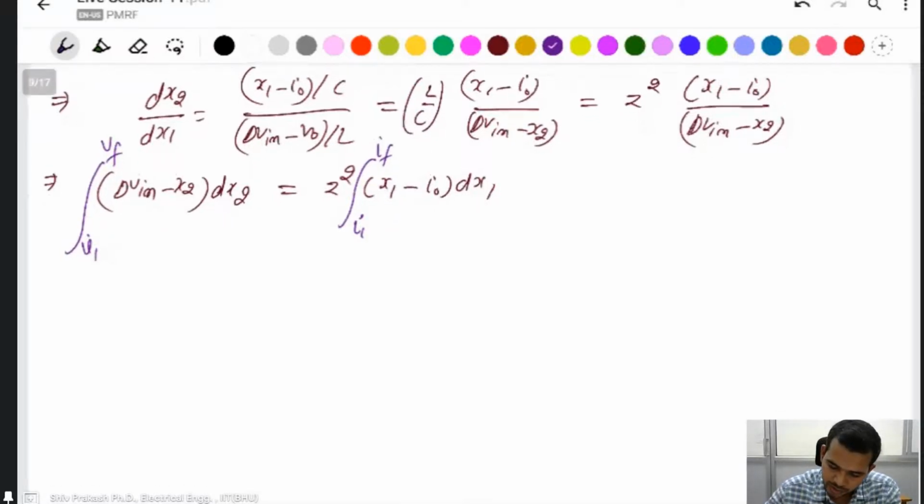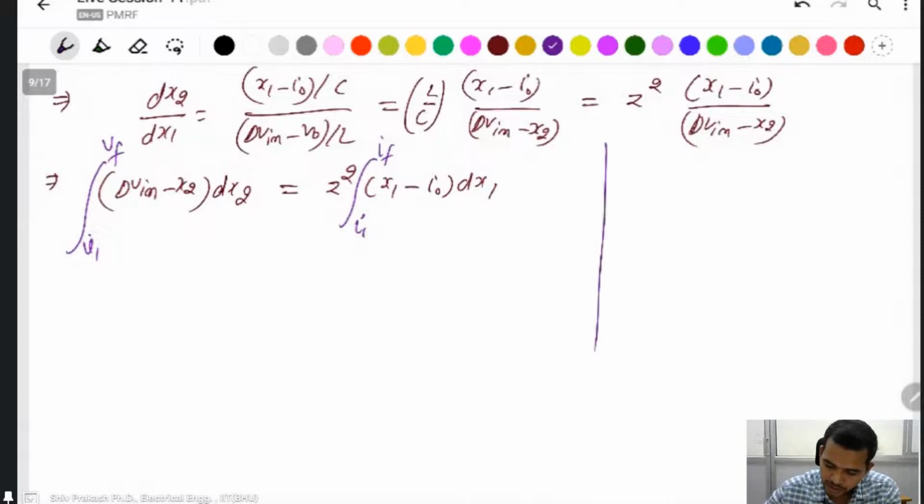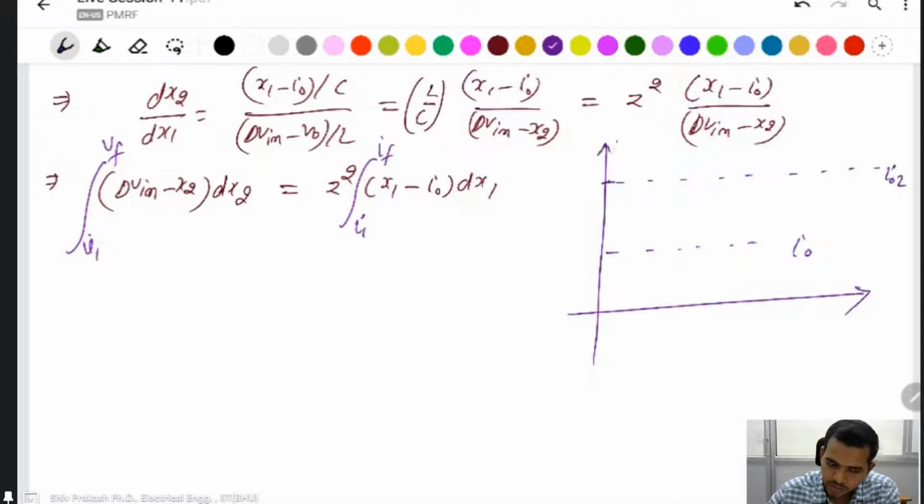You know about the changes. First one I0 here, second one I0, also I0 2. If IL and T are taken, then IL also changes like that.